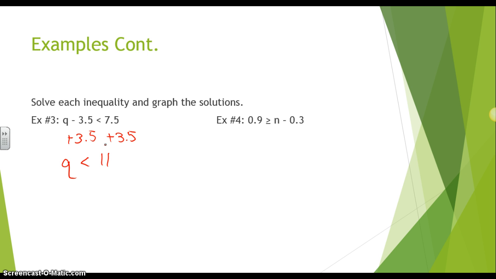So I have solved. Now I need to graph. 9, 10, 11. If q is less than 11, we're not including 11, so it's an open circle at 11. The variable is less than 11, so I'm going to shade to the left.